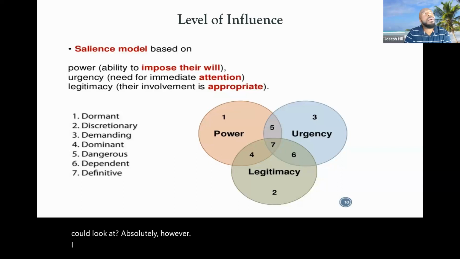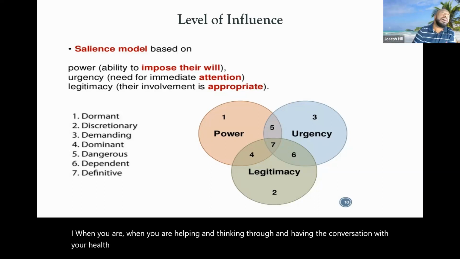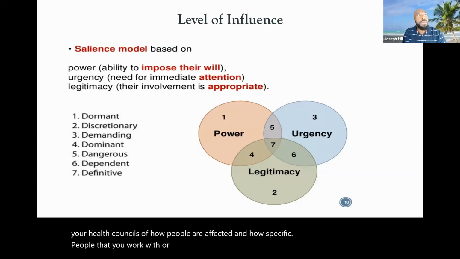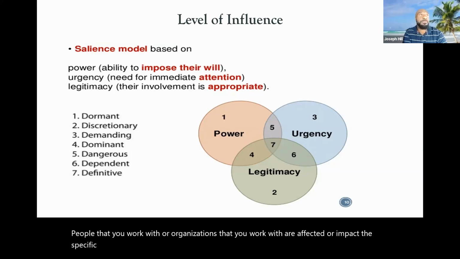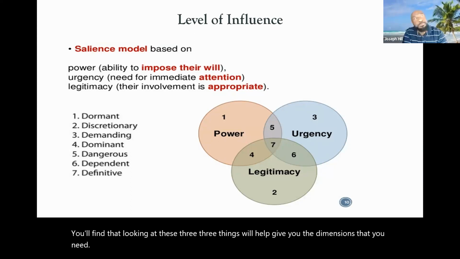when you are helping and thinking through and having the conversation with your health councils of how people are affected, and how specific people that you work with or organizations that you work with are affected by or impact the specific project you're working on, you'll find that looking at these three things will help give you the dimensions that you need to properly prioritize.